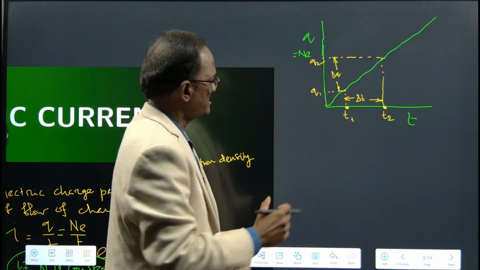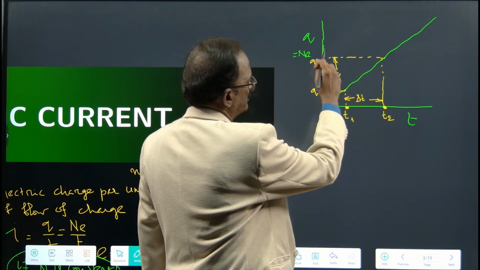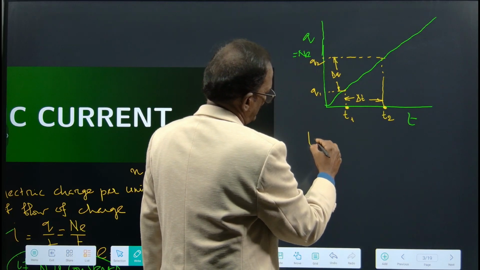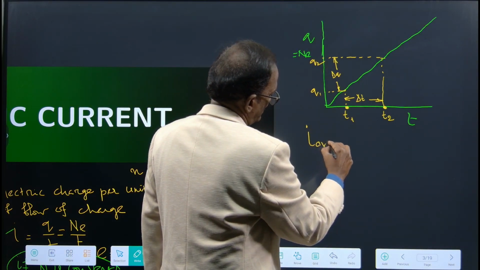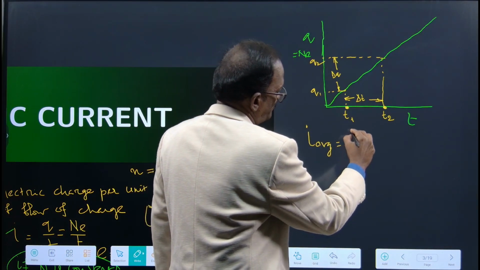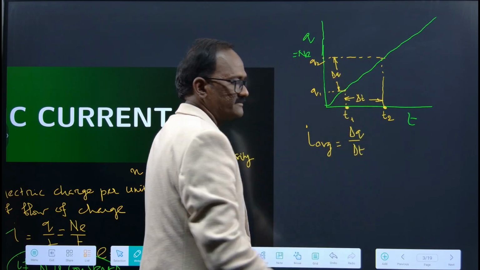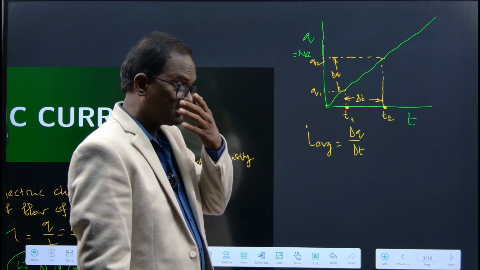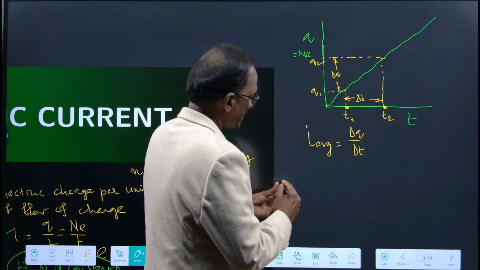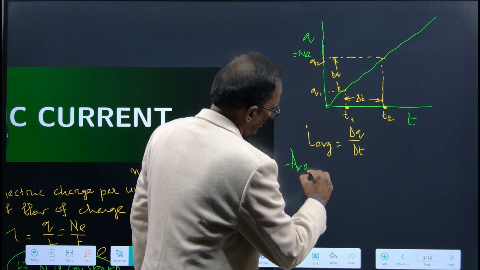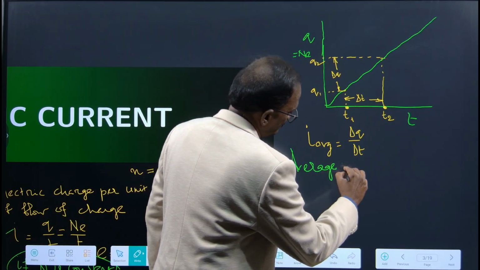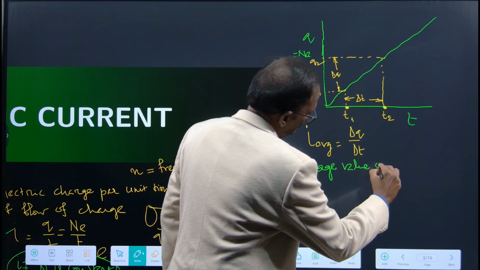So T1, Q1, T2, Q2. I am writing I average is equal to, instead of Q by T, delta Q by delta T. So this is the average value, I average or average value of current.